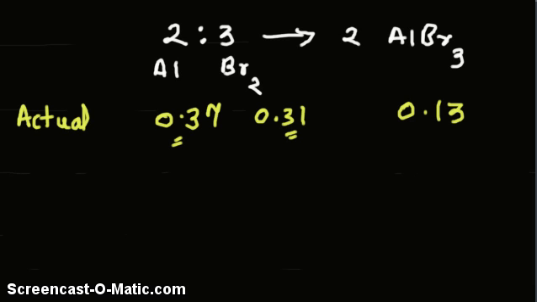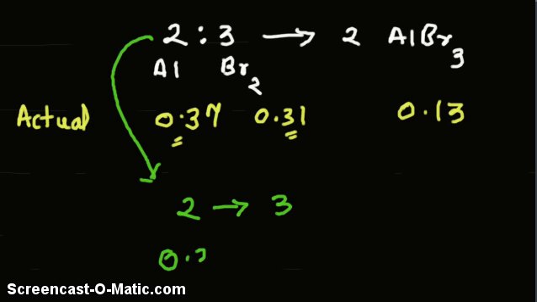So now, using simple arithmetic, if 2 moles of aluminum need 3 moles of bromine, in that case 0.37, which is coming from here, will need how many moles of bromine?